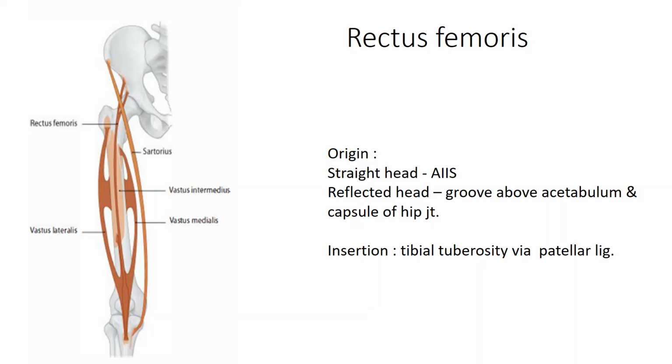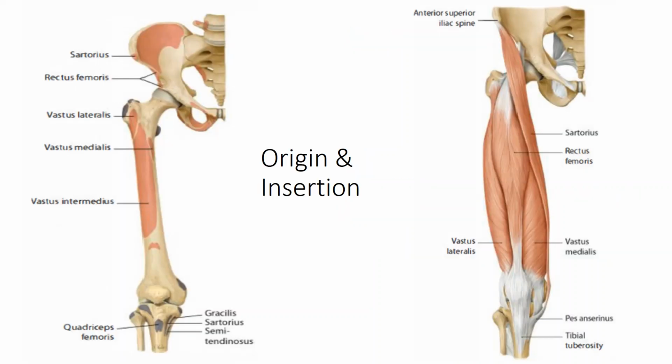And from here there are straight running fibers of this muscle which finally join the patellar tendon along with the other quadriceps. So it inserts into the tibial tuberosity through this patellar ligament. This is the portion of origin of the rectus femoris, straight head and reflected.